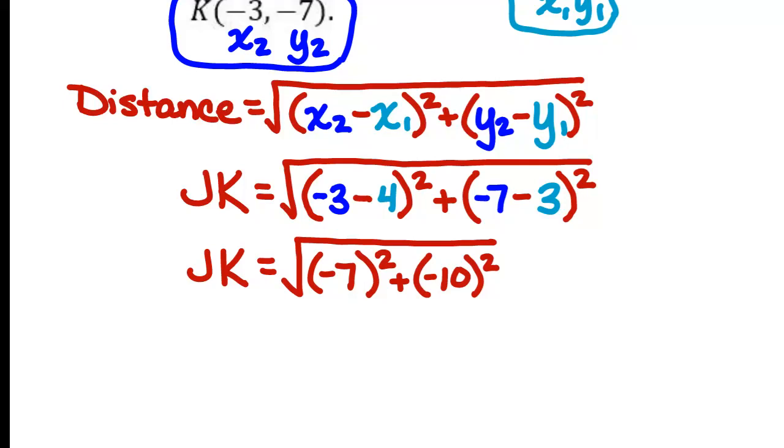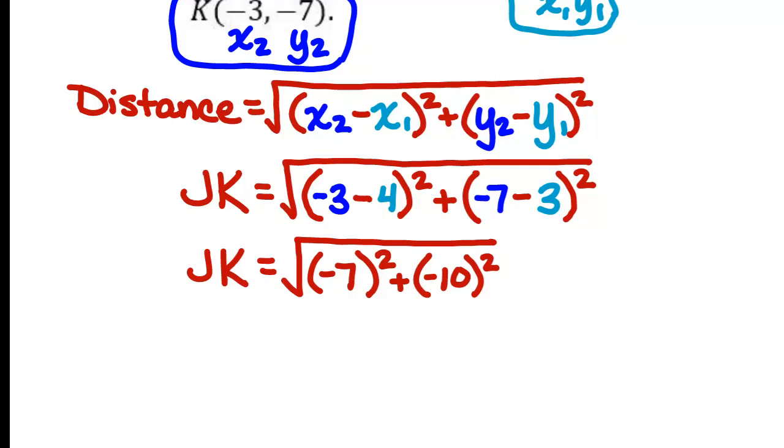Super close, underneath the square root. So second and square root, then parentheses, negative 7, close your parentheses and square it, plus parentheses, negative 10, close your parentheses and square it. You're absolutely right. When you hit enter, what does it say?